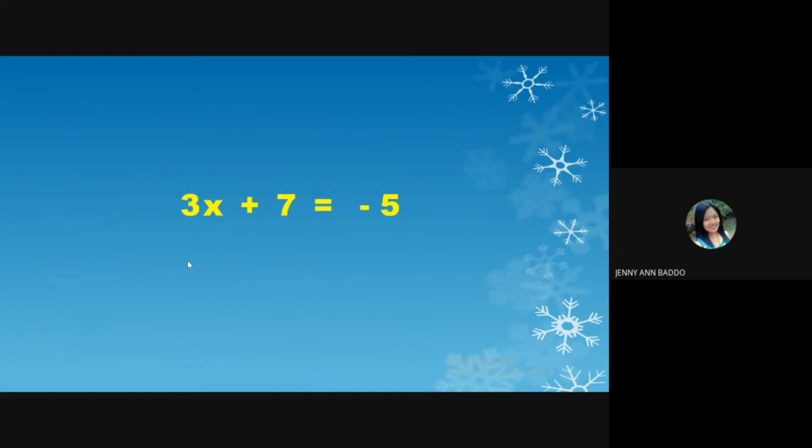What is formed now? You're right. We now call this an equation because of the equal sign. Now, what if we remove that equal sign and change it into a greater than symbol? Excellent. This is now called an inequality.